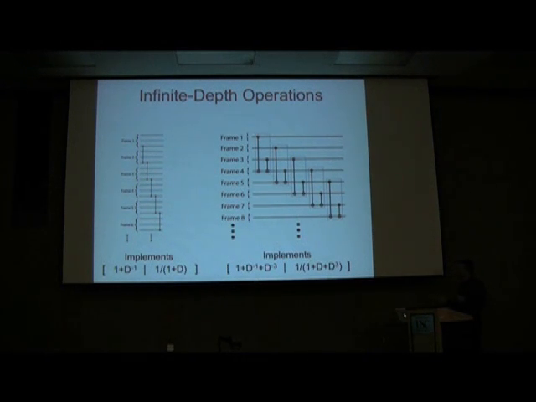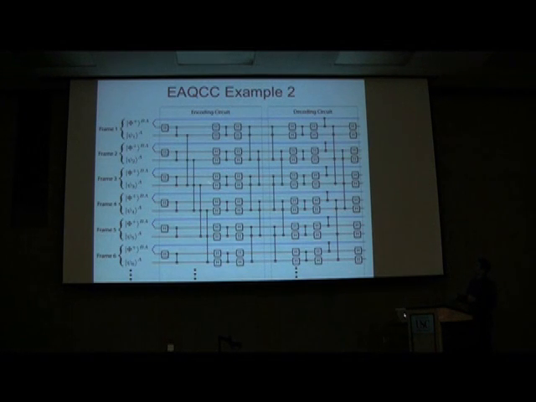Okay, so we have codes that use these infinite depth operations. And this is an encoding circuit right here. You have these finite depth operations. Alice then performs this infinite depth operation, and finally performs more finite depth operations.